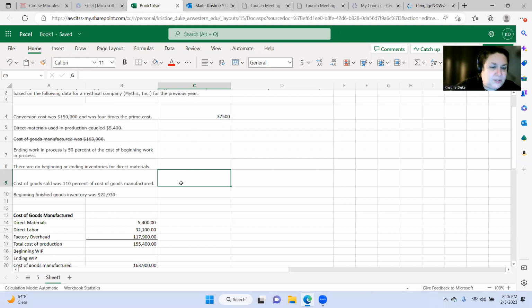Okay. So ending work in process is 50% of the cost of beginning work in process. So first thing I'm going to do is try to figure out what my difference is here. I need whatever this minus this. So this has got to be 2 times this. So I've got 3 in here. Okay, so let's figure out what the difference is.